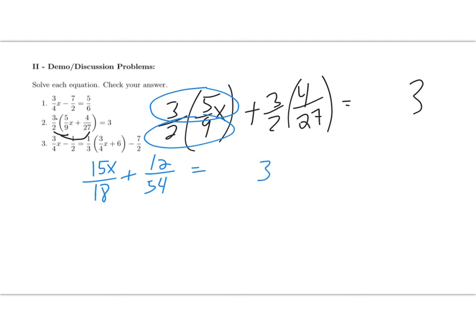Now, we have reduced this problem to looking like the previous problem, or the previous two problems. So now we'll just get the LCD of 18, 54, and 1. 3 times 18 is 54, so 54 is going to be our LCD, our least common denominator.